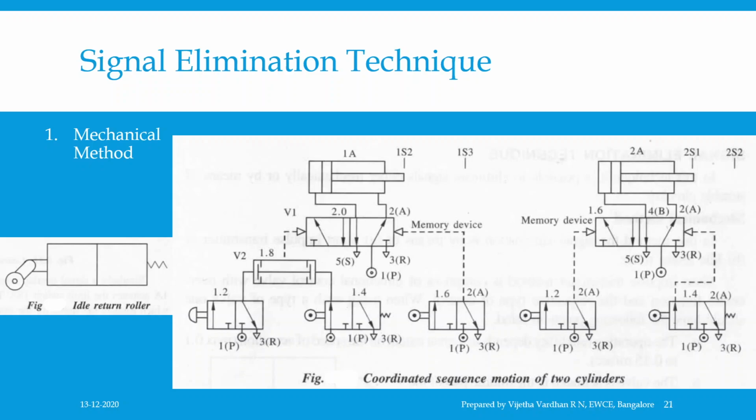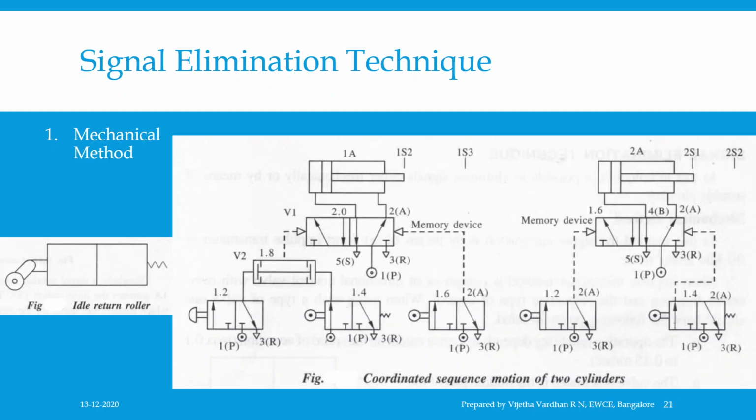In the initial position, the signal is applied at the control port of the double pilot valve V1 via the actuated limit switch 2S1. Now, if the push button 1S1 is actuated, a signal is applied at control port 14 of the double pilot valve V1. Here, the signals at 12 and 14 are overlapping. Similarly, a signal overlap occurs at the double pilot valve V1.